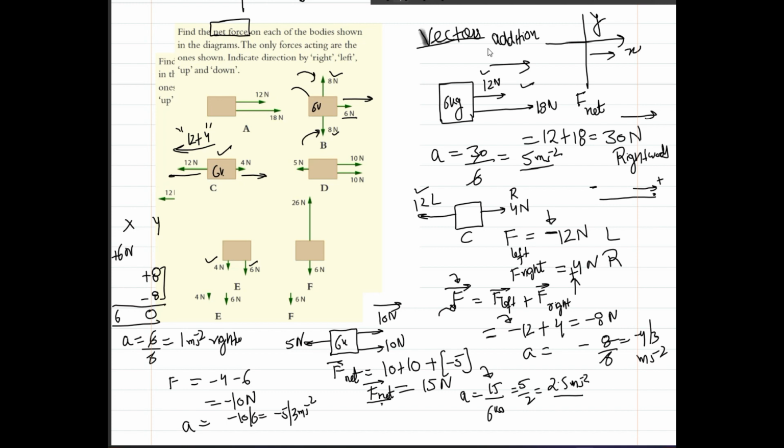Make sense? All right, let's go to F. If you see F, I'm going to write all the external forces on this particular block. One force in Y upwards is plus 26, and then there's a downward force which is minus 6. Okay, so this is the total of the upward force and the downward force is 20 Newton, and it is in Y axis.